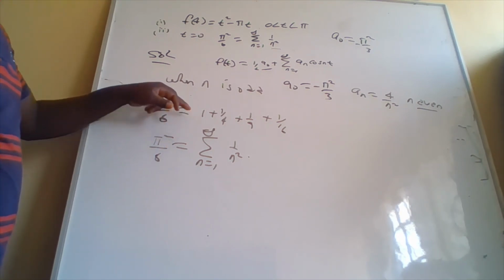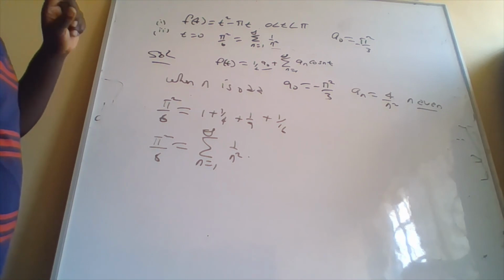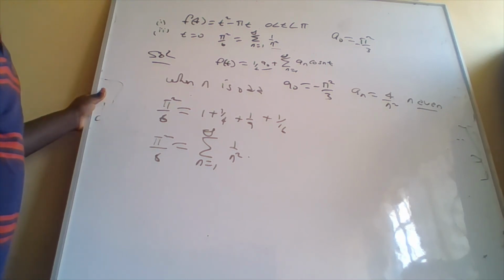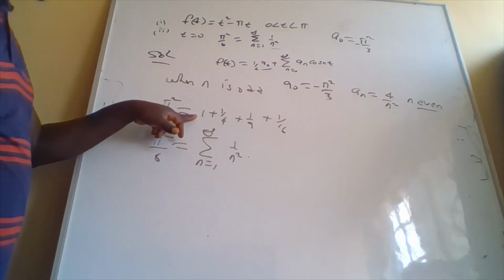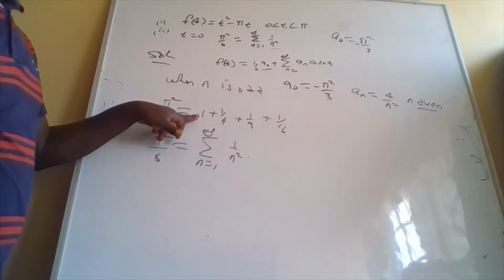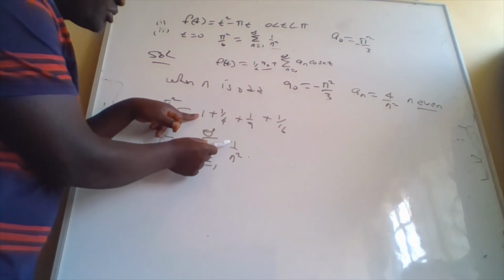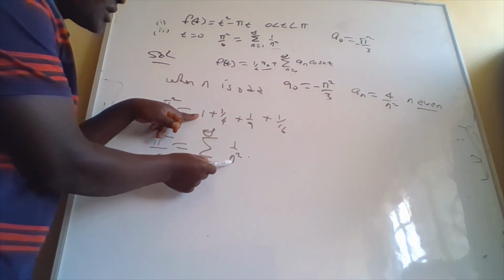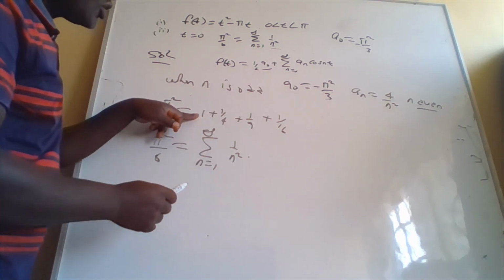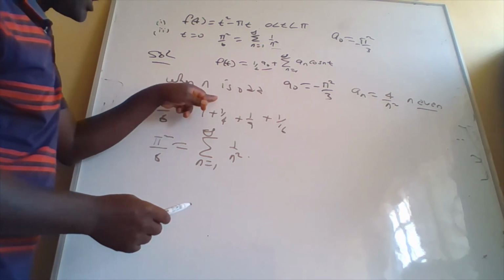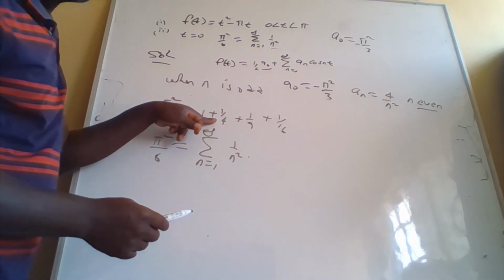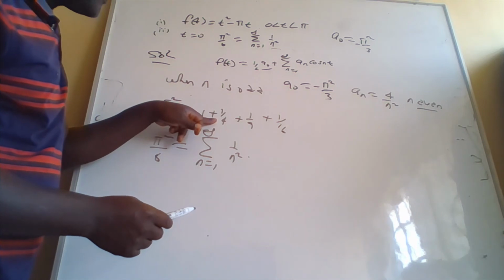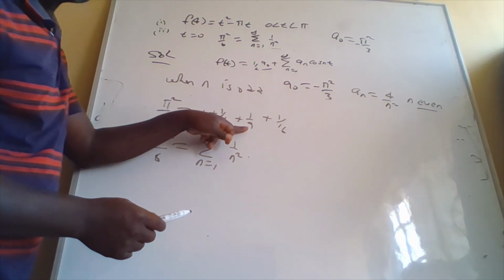If you want to get this one, when n is 1, it will be 1 over 1 squared, which is 1. When n is 2, it will be 1 over 4. When n is 3, it will be 1 over 3 squared.